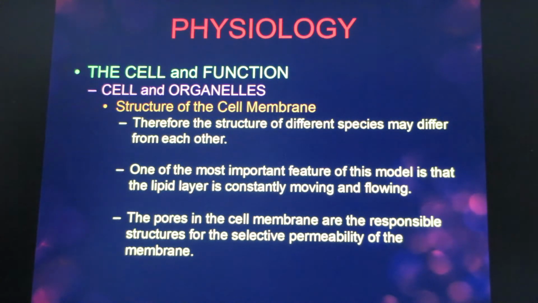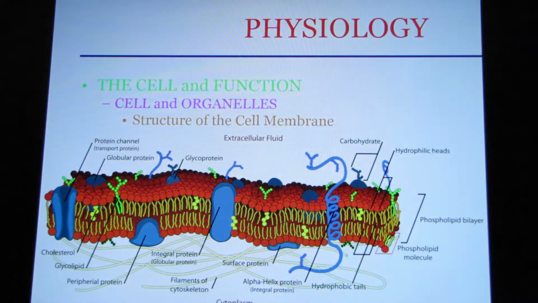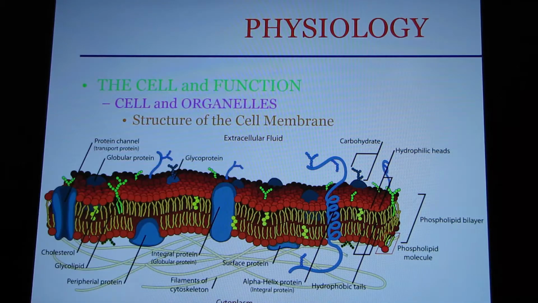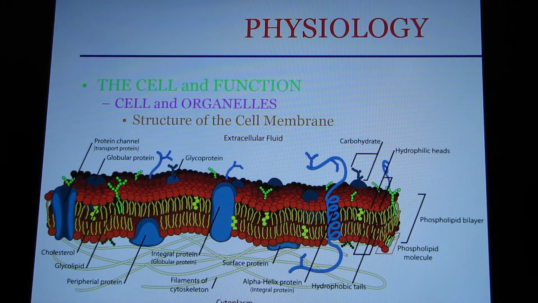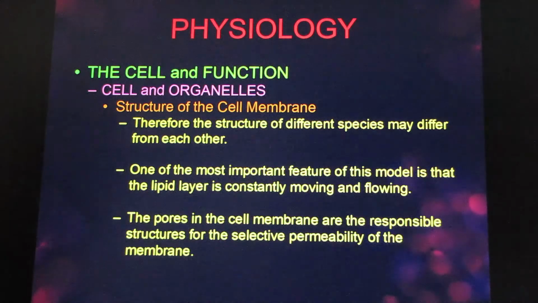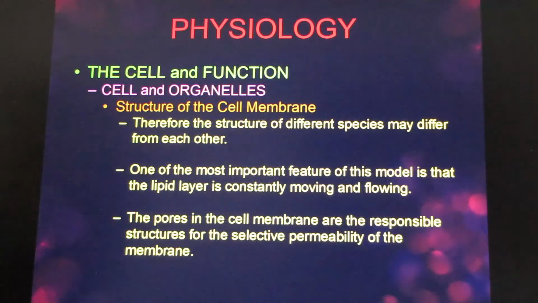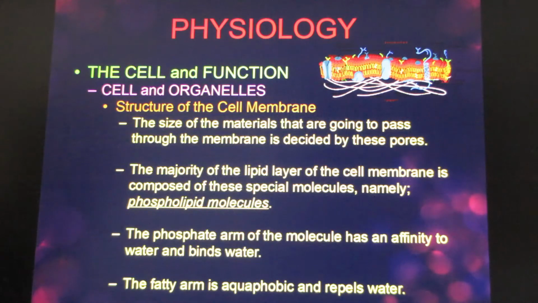So the structure that you see here contains specific pores that are responsible for taking specific structures into the cell and excreting them. The size of the materials that are going to pass through the membrane is decided by these pores.